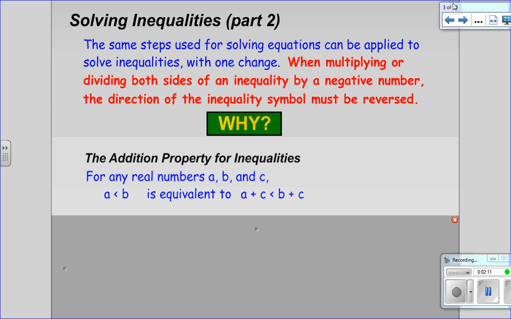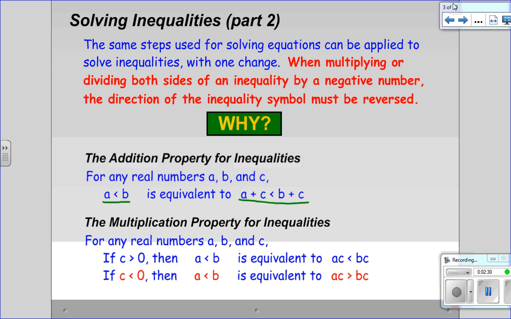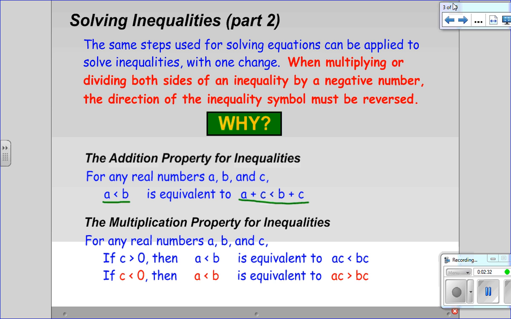Let's take a look at what the rule actually states. The addition property for inequalities, as I had said before, nothing changes. If A is less than B, then you can add C to both sides, and the inequality symbol remains the same. However, the multiplication property has a slight adjustment.